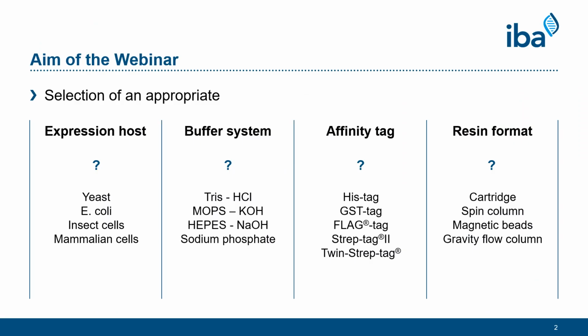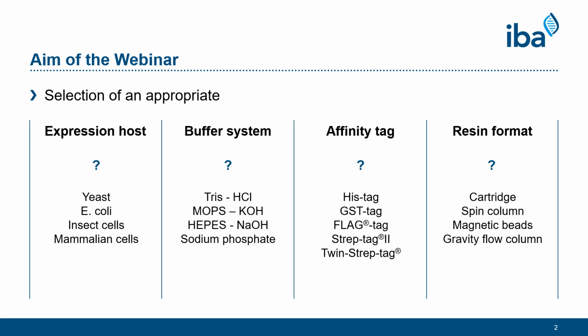The aim of the webinar is that you are able to make the right decisions regarding the expression host, so if you take E. coli, mammalian cells, insect cells, or yeast. Regarding the buffer system, for example, Tris buffer, MOPS buffer, HEPES, or sodium phosphate.